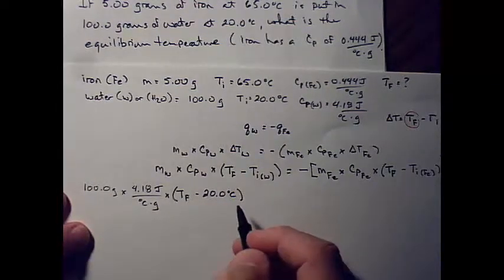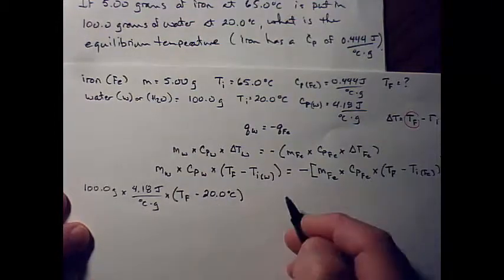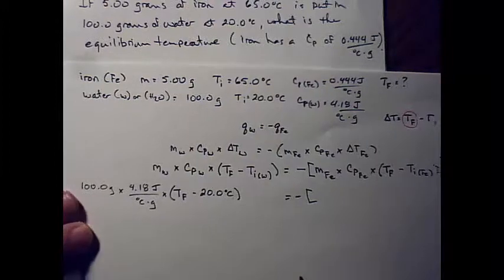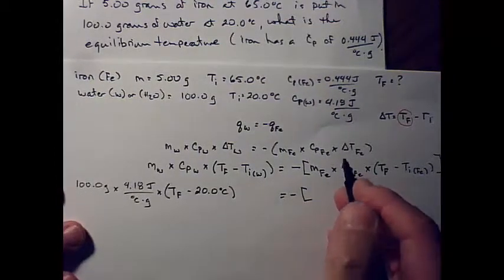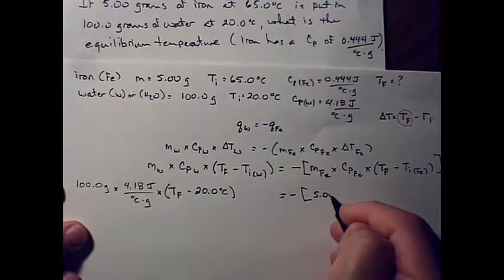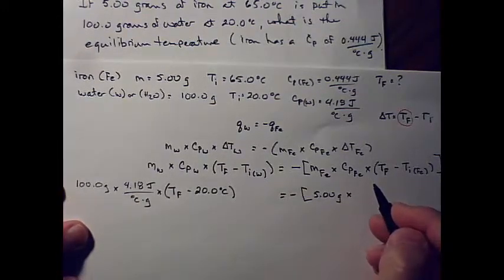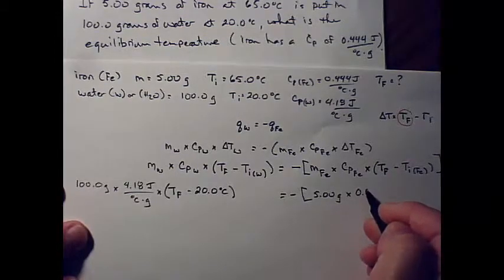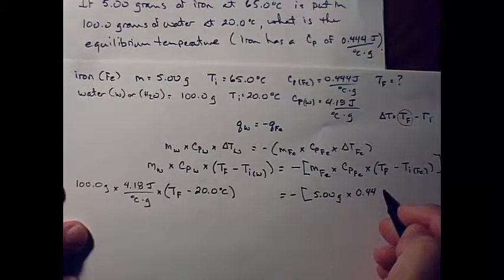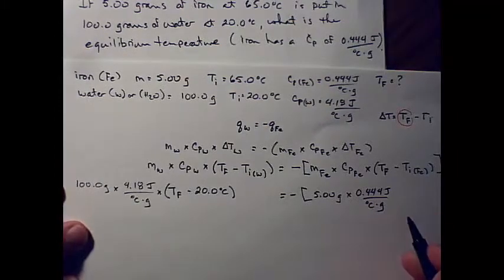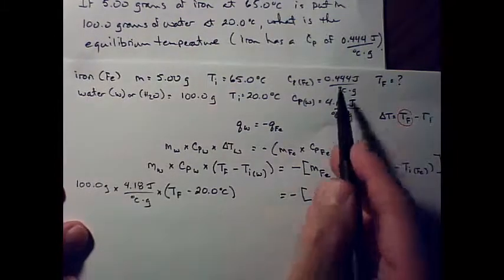Okay? And so that's the initial equation for this side. And on this side, we're going to have the negative of the mass for the iron, which is 5 grams. The specific heat for the iron, which is 0.444 joules per degree C. I said it wrong, but there it is. Isn't that right? Okay, yeah, there it is.